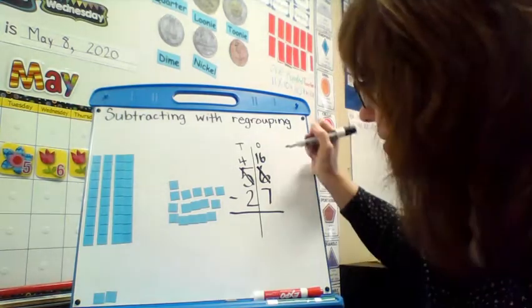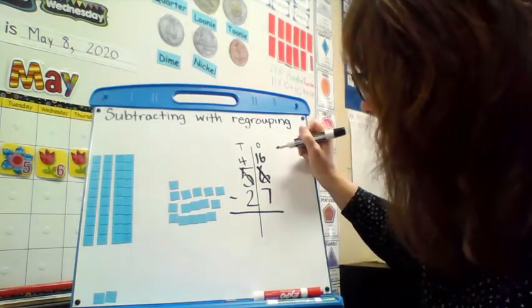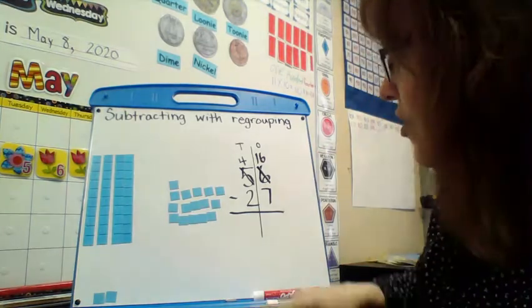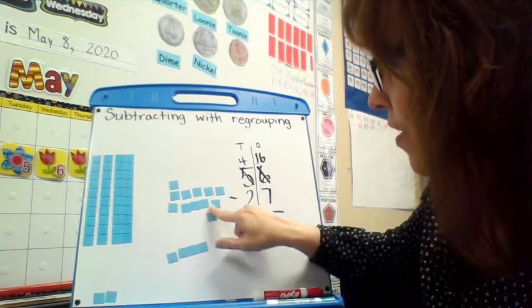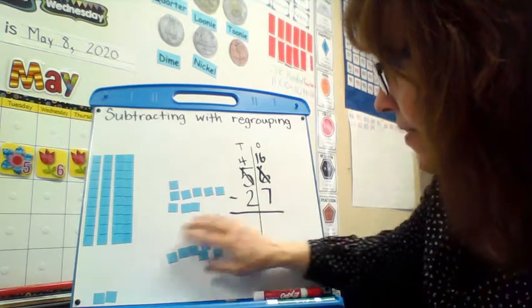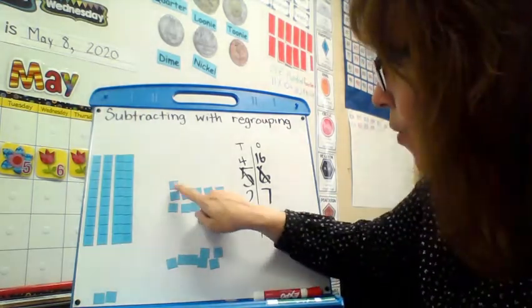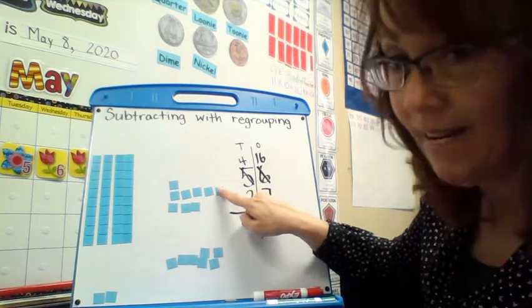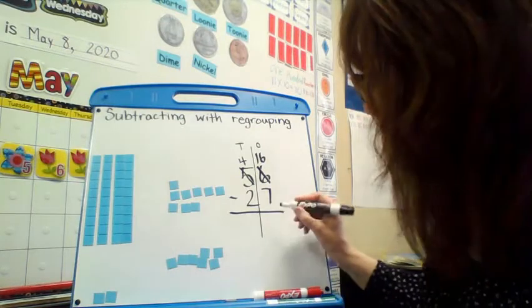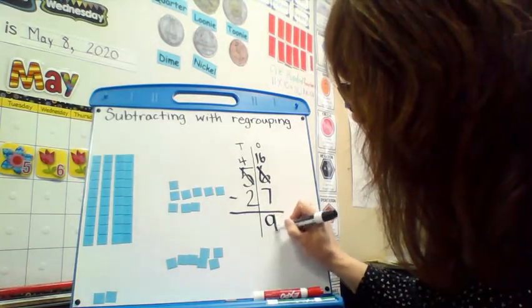I can, because now I have more on top. 16 take away 7. So here's my 16. Let's take away 7. 1, 2, 3, 4, 5, 6, 7. How many do I have left? 1, 2, 3, 4, 5, 6, 7, 8, 9. I have 9 left. So I'm going to put 9 here in my ones place.